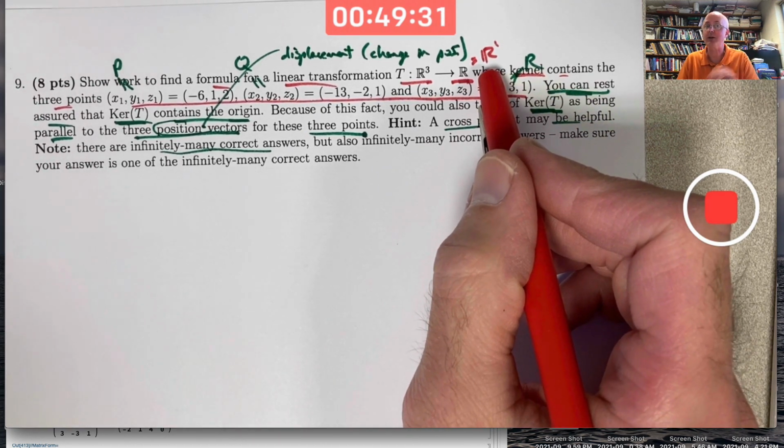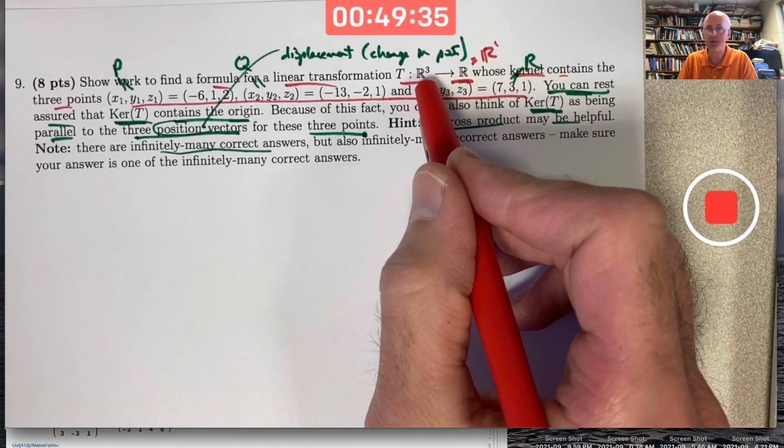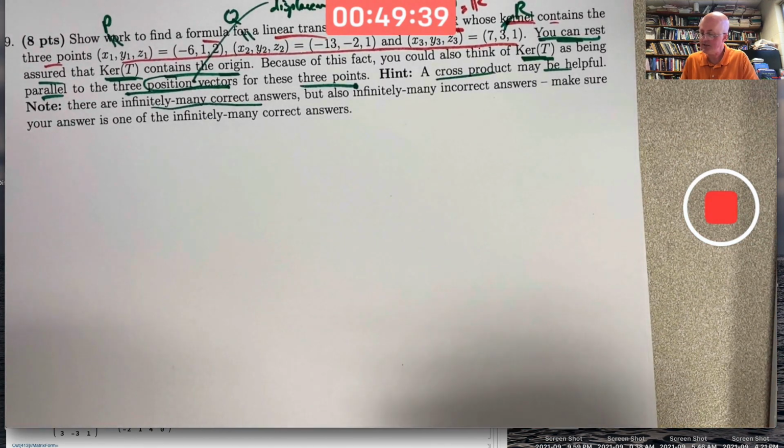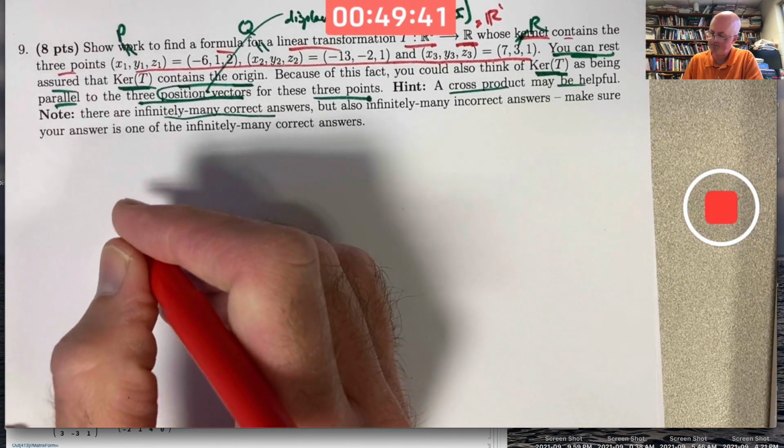That left-hand side is going to be the formula for the linear transformation, taking a 3-dimensional point and mapping it to a number. So we just need to find the equation of the plane.